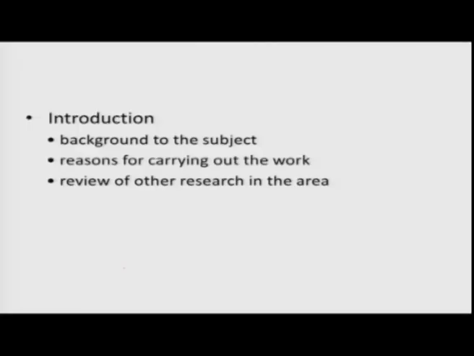Next, the introduction section. Just like in a research proposal, this section introduces the subject, gives background information, and the reasons for carrying out the work, and then also reviews major studies in that particular field of study. Next section, methods.